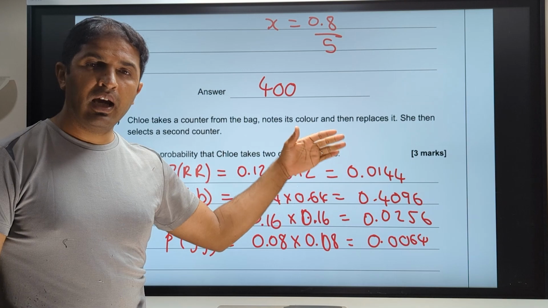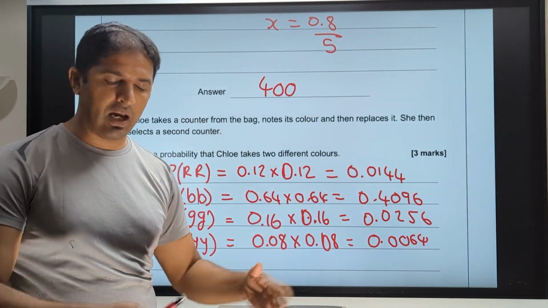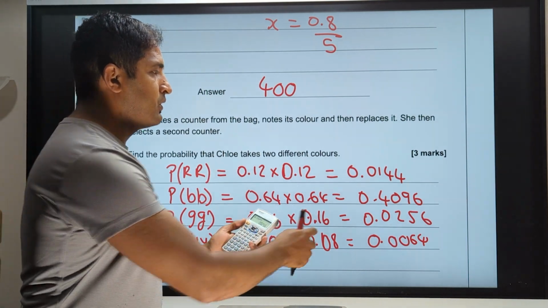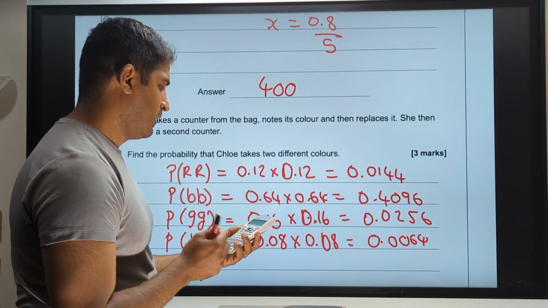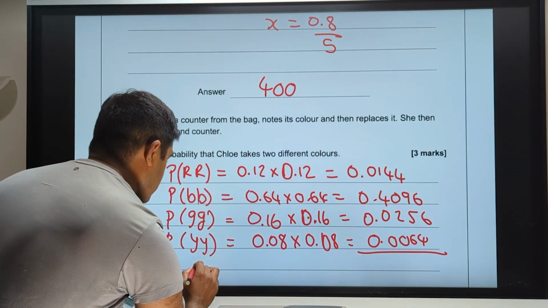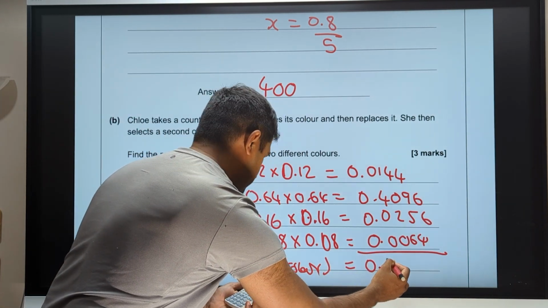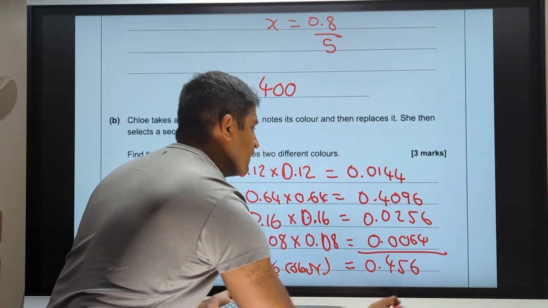When I add them up, I've worked out the probability of all the possible ways you can collect the 2 same counters. So the probability of getting 2 of the same color is equal to 0.456.